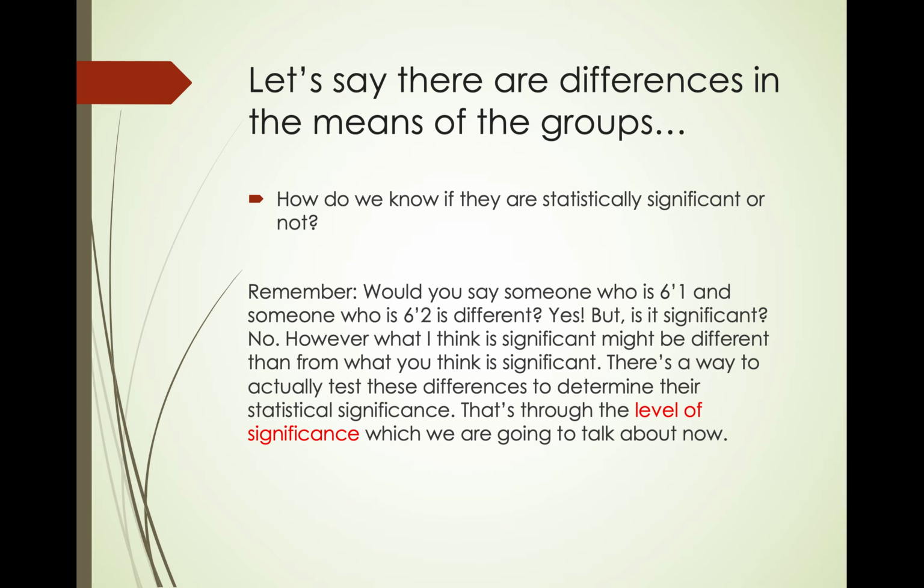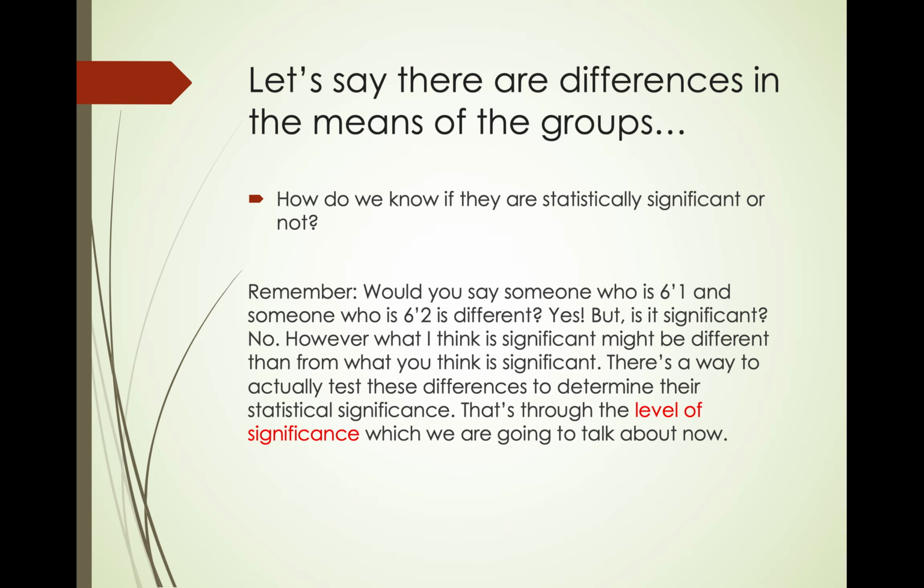How do we know whether those are statistically significant or not? Remember my example of height. Yes, there is a 1-inch difference between someone who's 6'1" and 6'2", but is it significant? To me, no. However, I'm a tall person, so I don't think that 1-inch difference is a big deal. I know that short people tend to think that that's a really big deal.